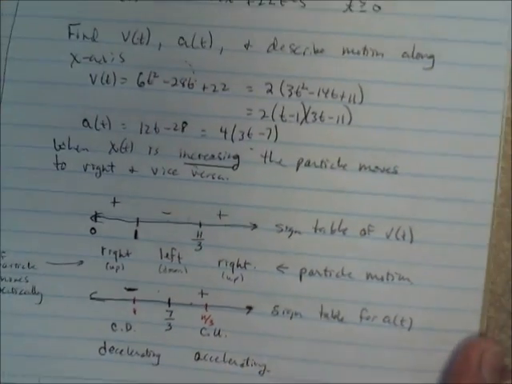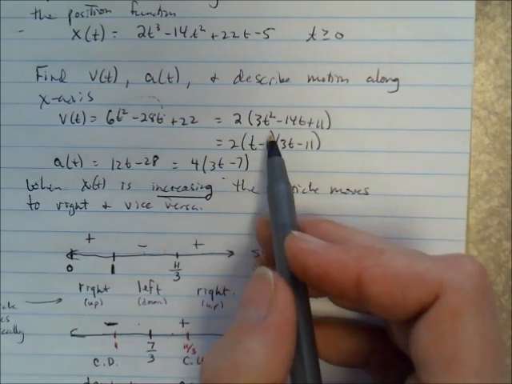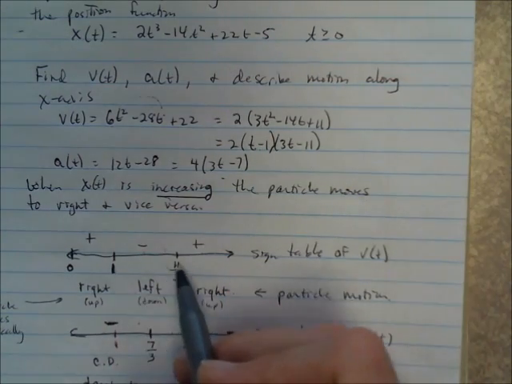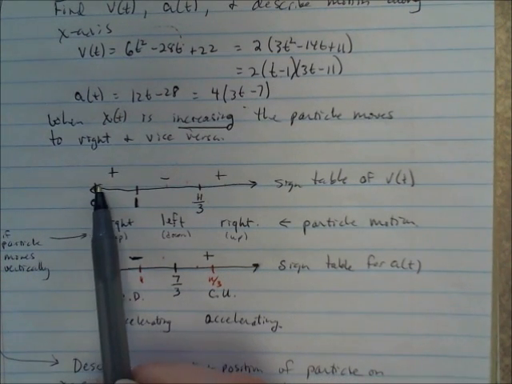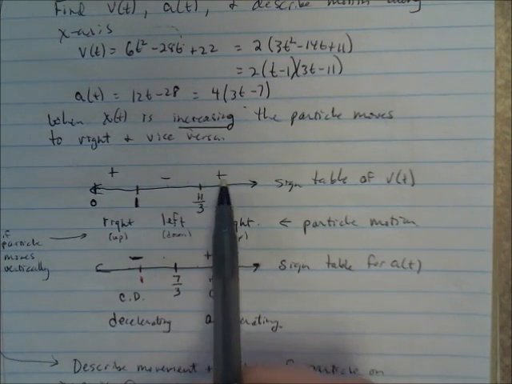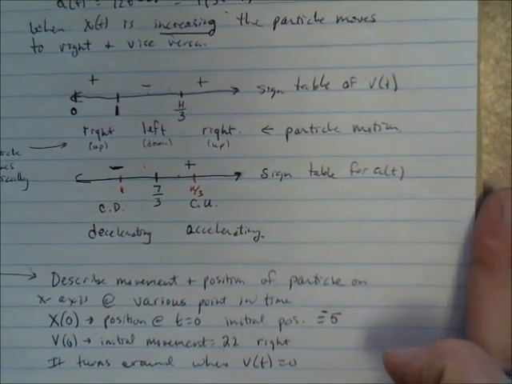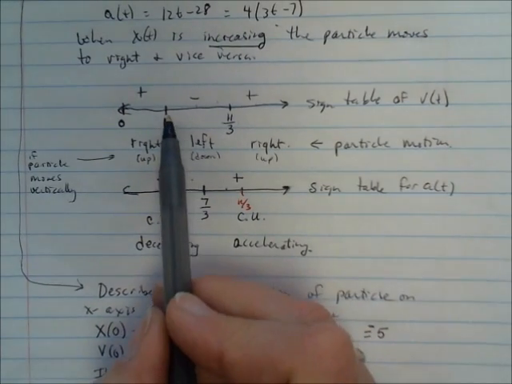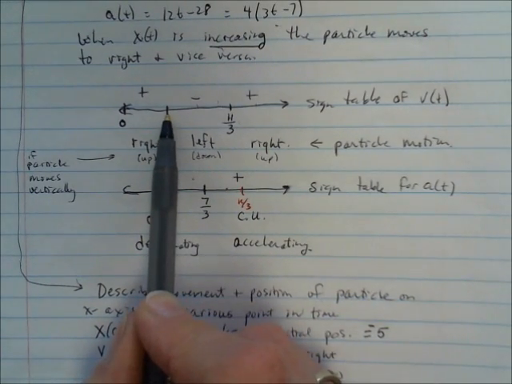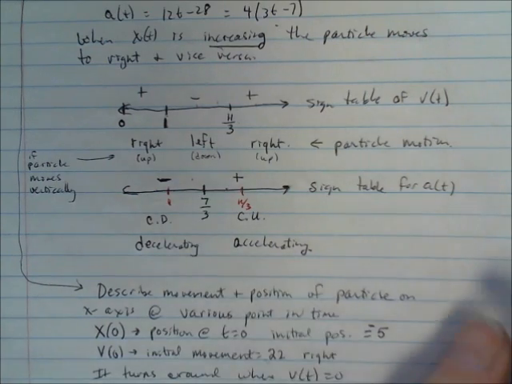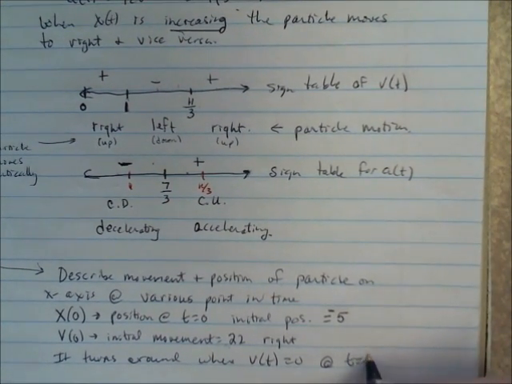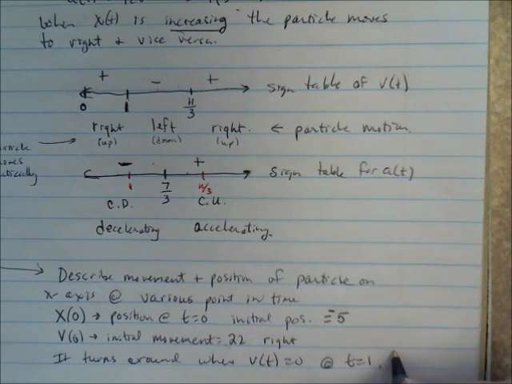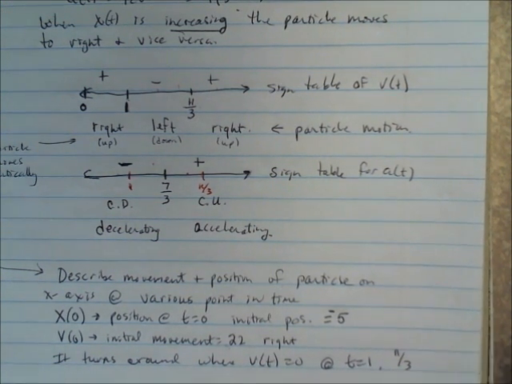We already figured out where v of t is equal to 0 because we factored that and put it on this sign table, and we figured out it moved to the right, then to the left, and then to the right. Well, all that means is that the particle stops and turns around at 1 second and 3 2/3 seconds. So that's at t equal to 1 and t equal to 11 over 3.